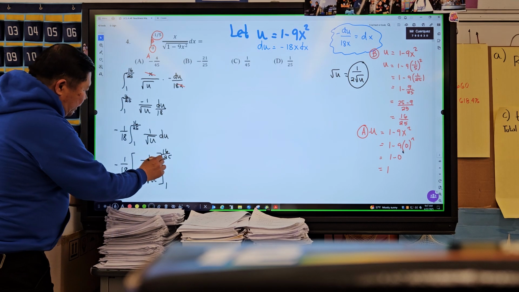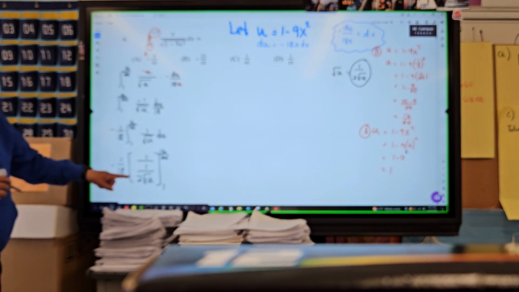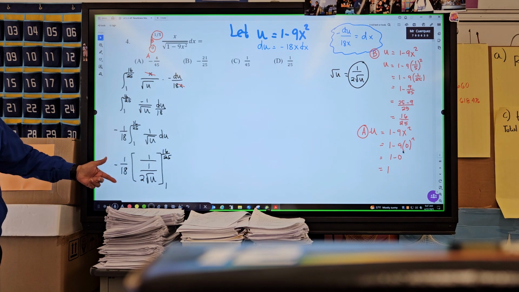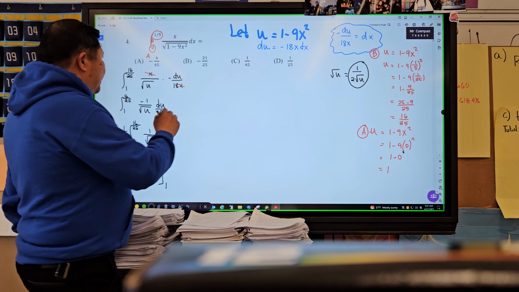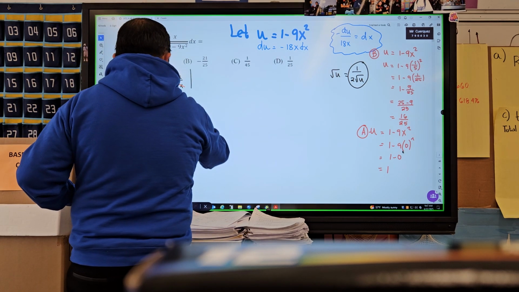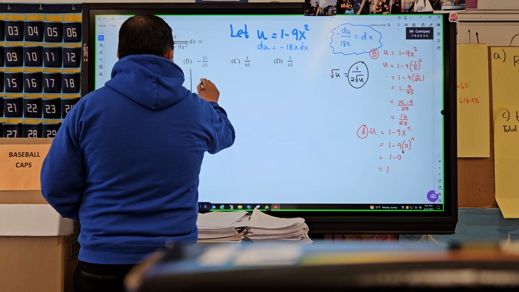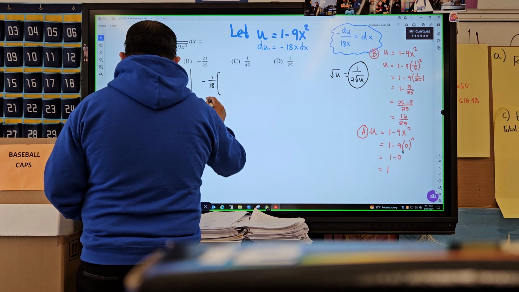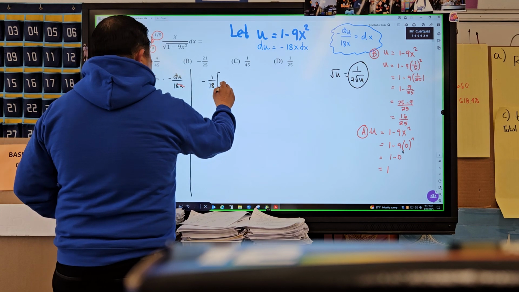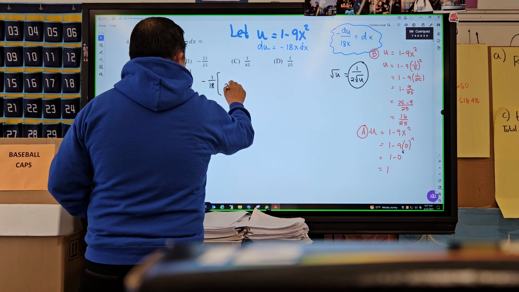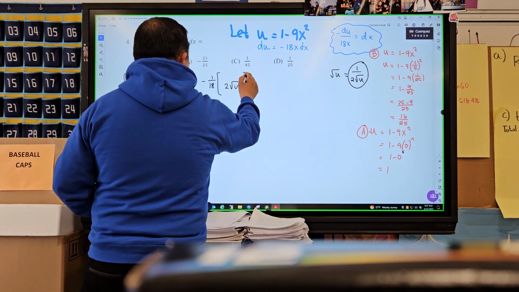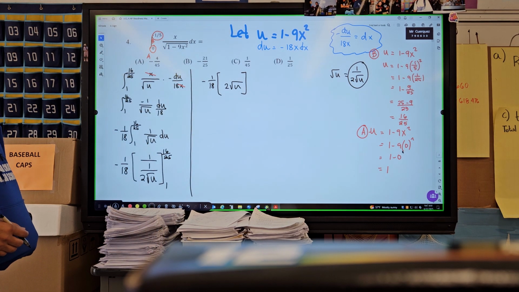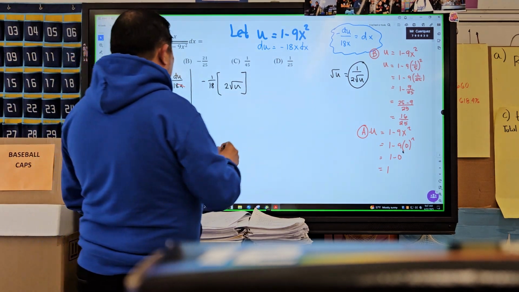Now before I continue, is this clear, guys? What we do is take the reciprocal. So negative 1 over 18, and the reciprocal is now 2 square root of u evaluated from 1 to 16 over 25.